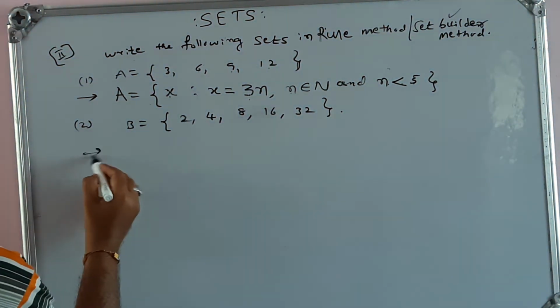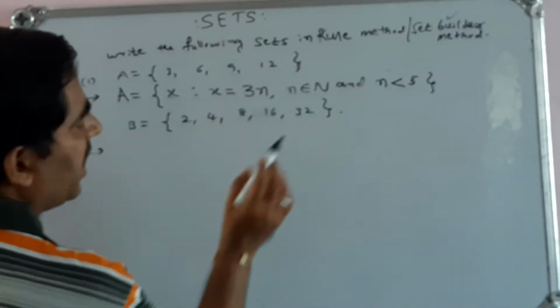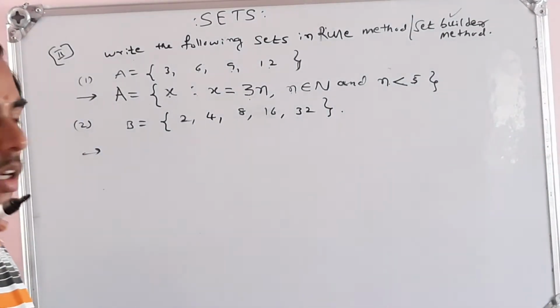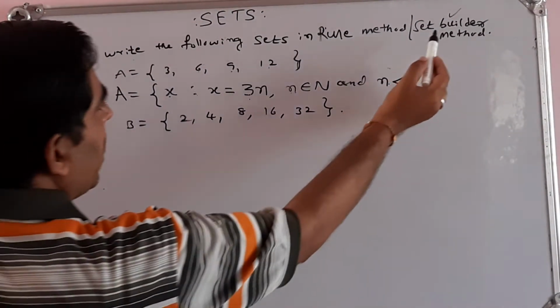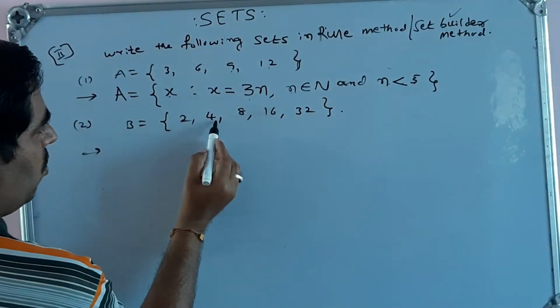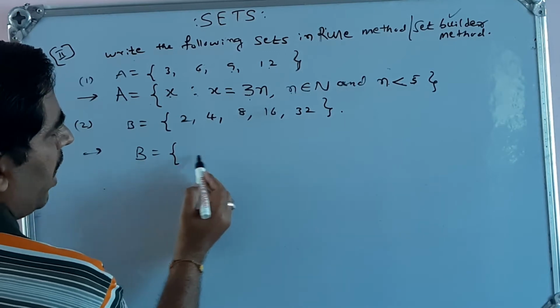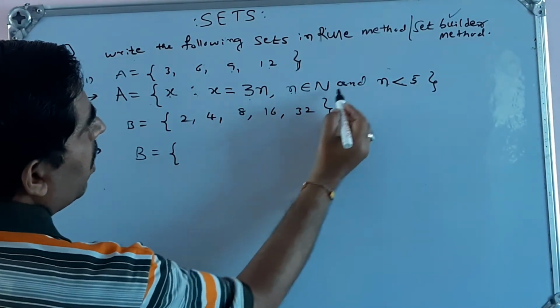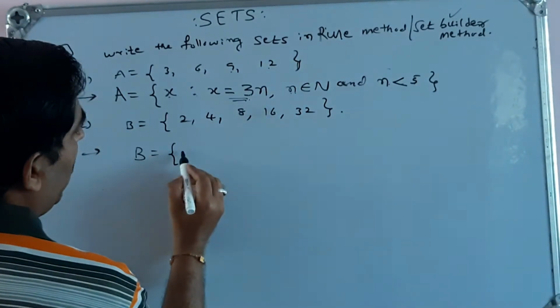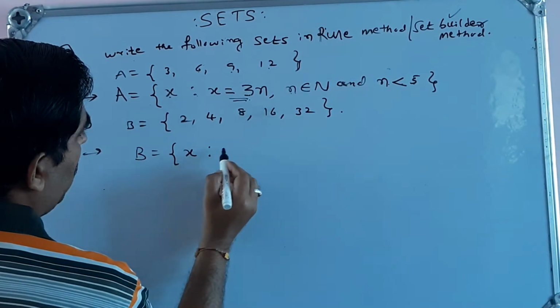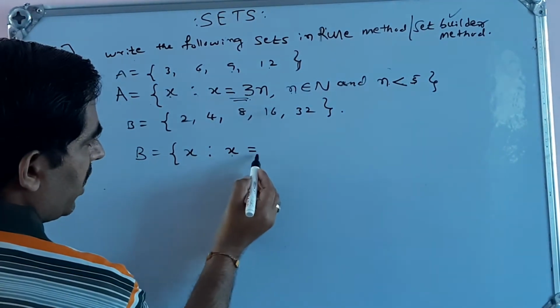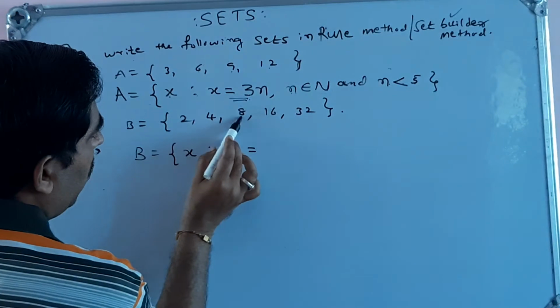What is this? 2, 4, 8, 16, 32. This is given in roster form, so we have to convert it into set builder form. Observe the elements 2, 4, 8, 16. Let me begin. P is equal to, so we have to write one rule. We have written the property here, and like that we have to write x such that. So how do you define the elements? x is equal to 2, 4, 8, 16.